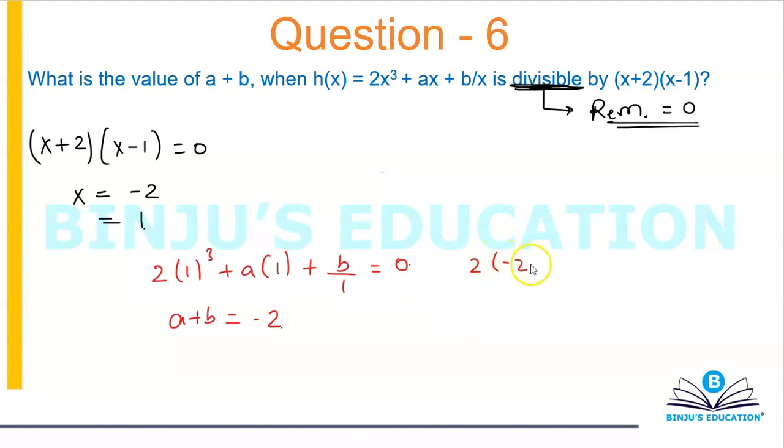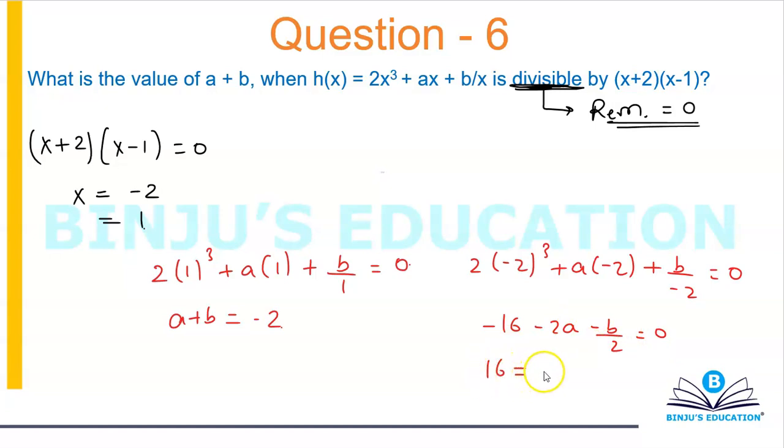Then let's use the second equation. So 2 into negative 2 cube plus a into negative 2 plus b by negative 2, this is also equal to 0. So negative 8 into 2 is negative 16 minus 2a minus b by 2 is 0. So I'm going to get that 16 is equal to negative 2a negative b by 2.